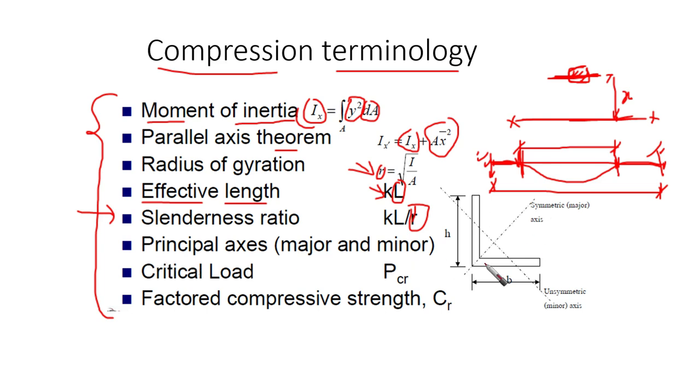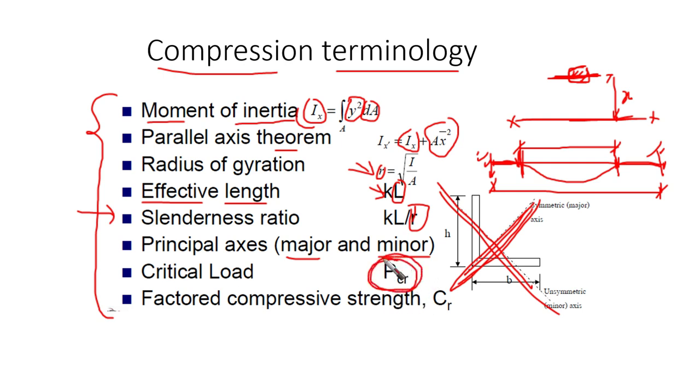So whenever we are looking, for example, for an angle, we are going to find that we have the major and the minor axes. That is going to give us the maximum and minimum, or the two that are considered the major and minor principal axes of this element. Critical loading, P critical, we're going to talk about it in detail.